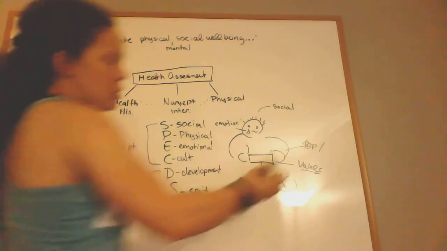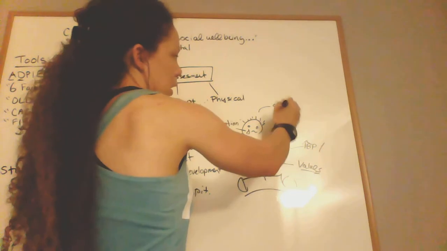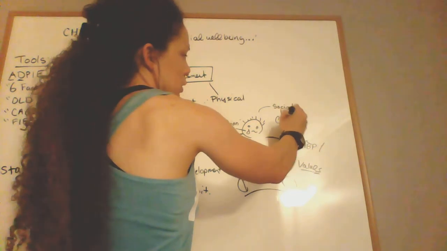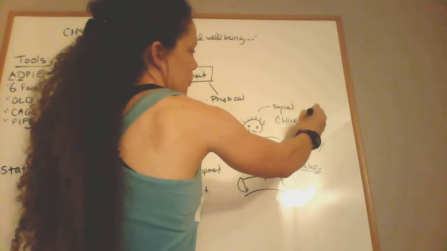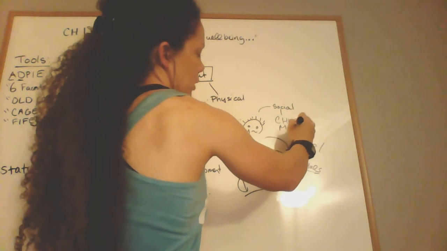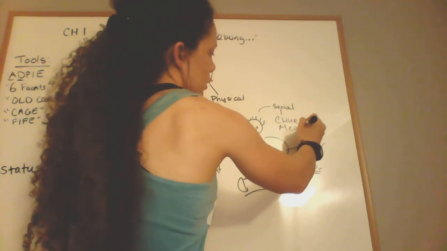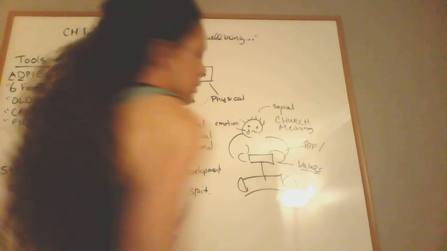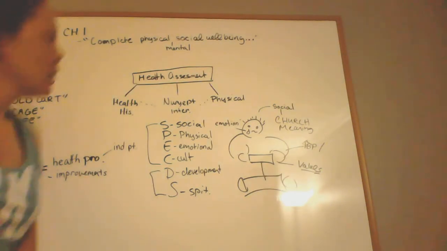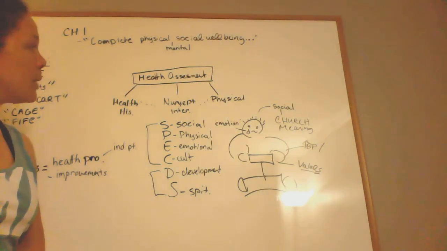Maybe she doesn't have that either. She doesn't have a church or meaning, and again, it doesn't have to relate to a specific religion. So she's lacking meaning in her life. There's our poor lady in Walmart who's constantly getting picked on.